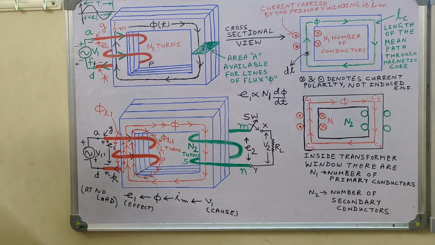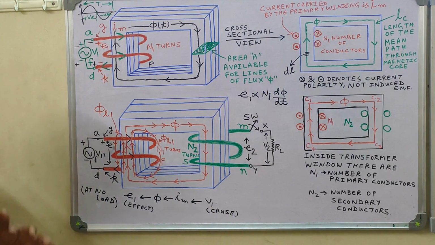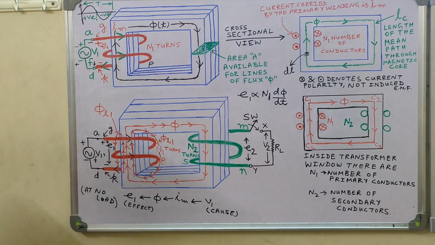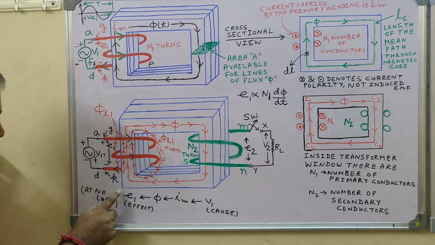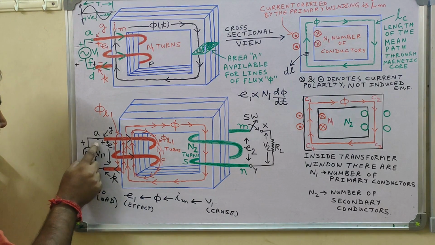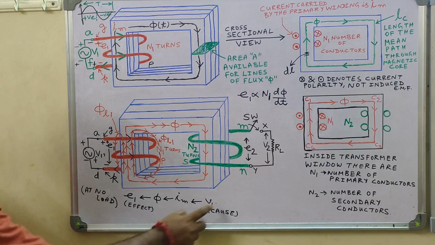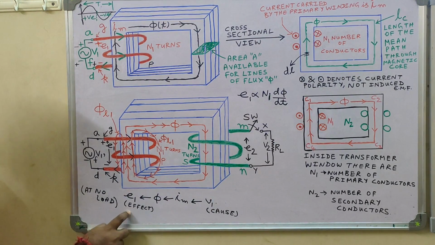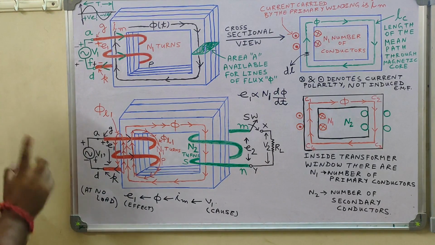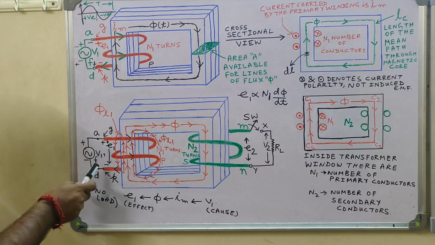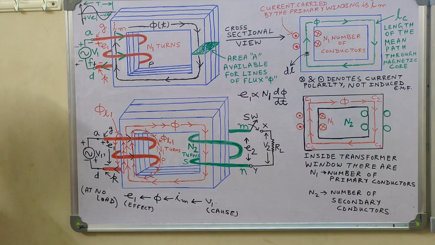Now, once we have established this chain of cause and effect, how can we be so confident of putting this plus and minus sign here? The induced EMF E1 in the primary coil P will oppose V1. So if E1 has to oppose V1, then the polarity of E1 should be in opposition to V1.